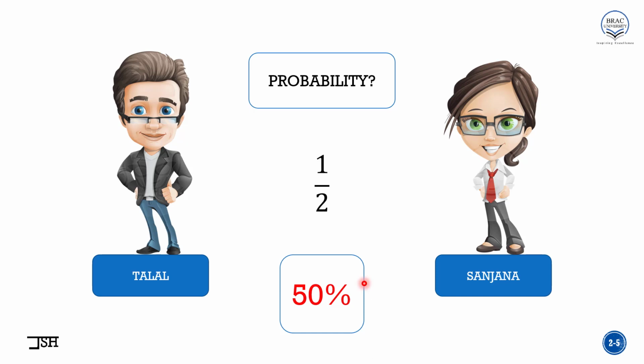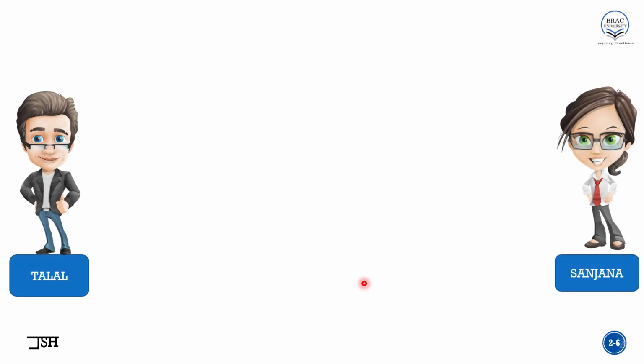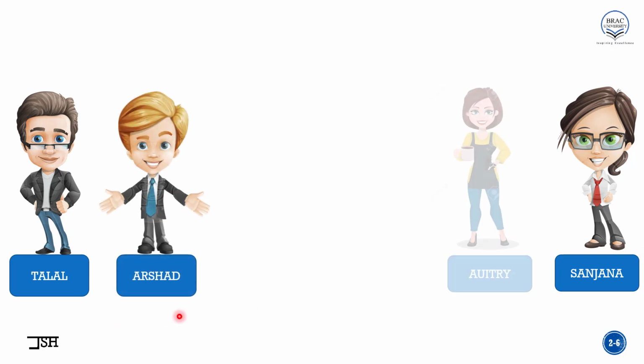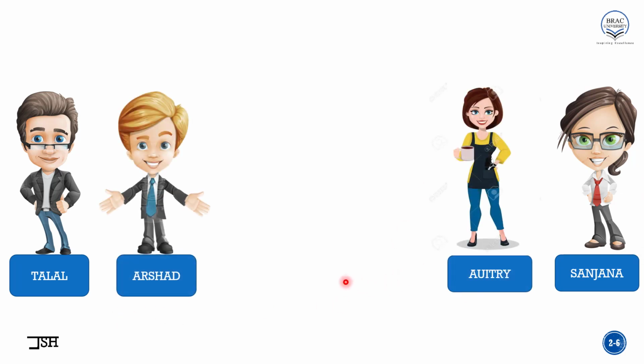All right, let's move on to the next example for an even clearer understanding. Say in my class, I do not have 2 people only. Now I have 4 people in the whole class. So I have Talal, I have Sanjana, I also have Arshad, and finally I have Autri as my student. So in my population, I have 4 students in total.